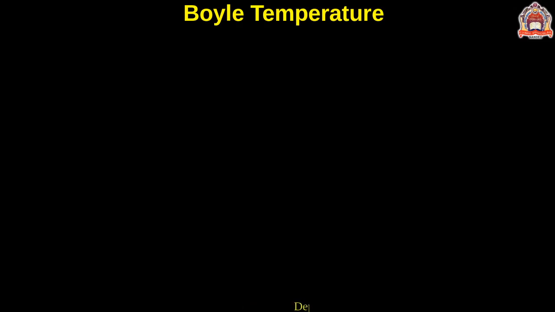It varies in a similar manner for all gases. Its value is negative at a low temperature, but gradually increases to 0 and becomes positive as the temperature is increased.